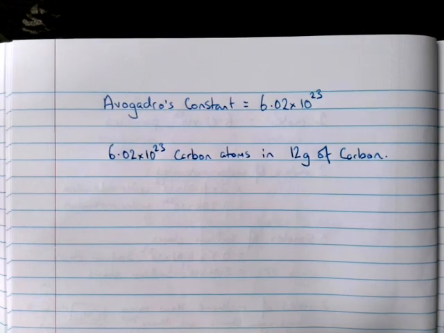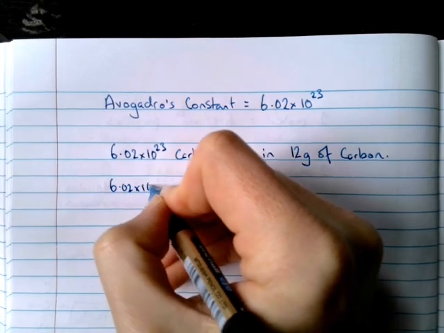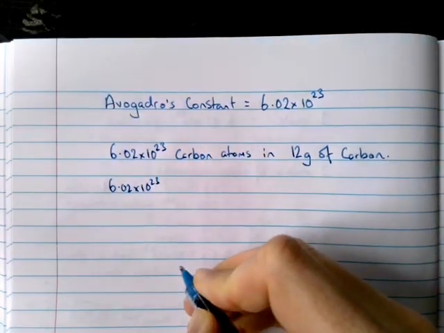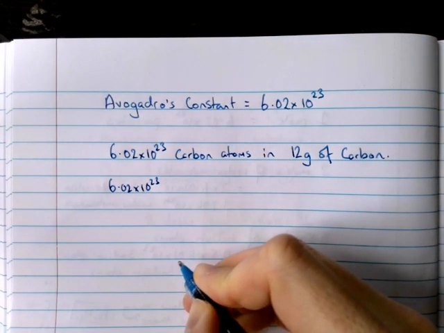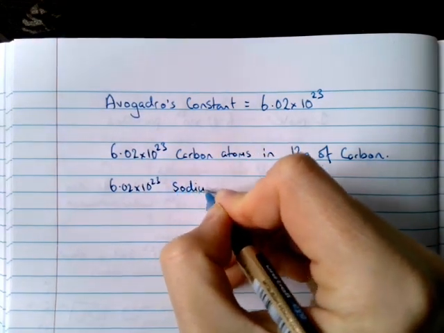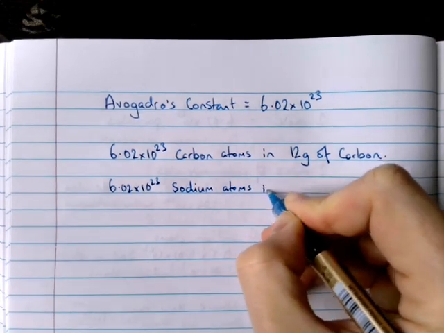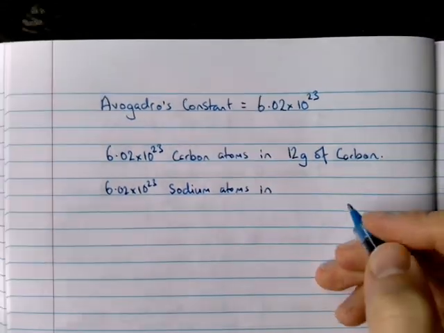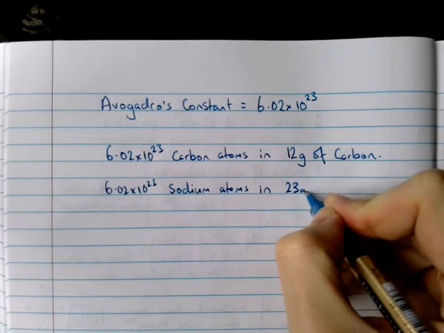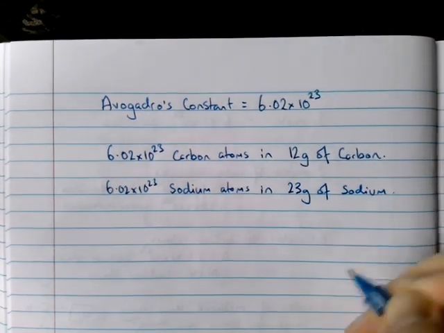Okay? 6.02 times 10 to the 23 is the number of sodium atoms in 23 grams of sodium.